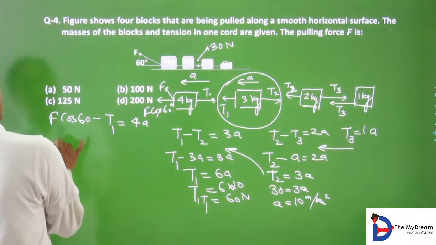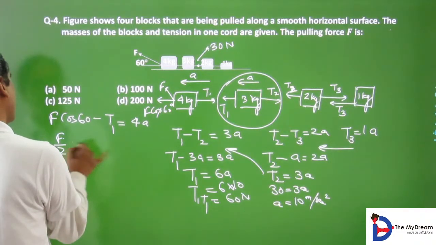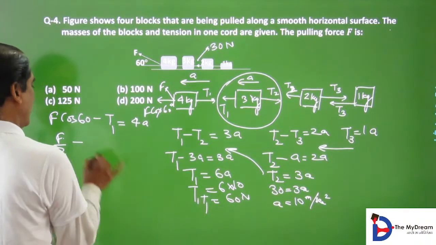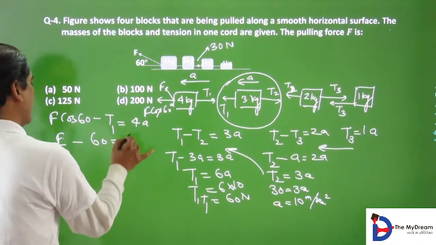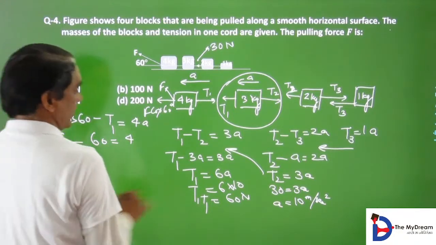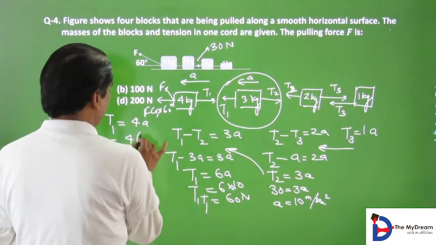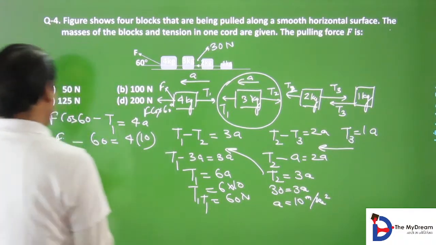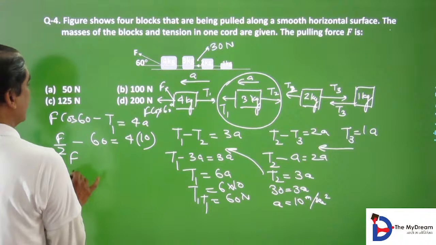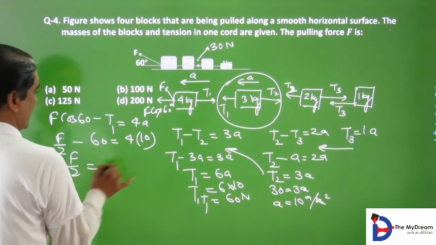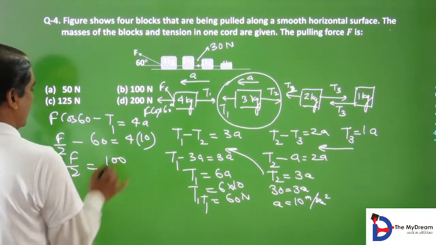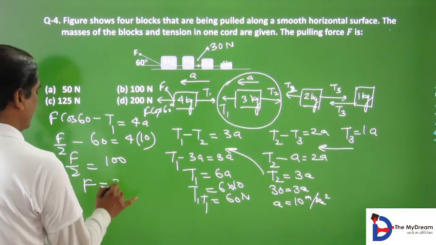Here you can write F by 2 minus T1 equals 4a. The value of T1 is 60, a is 10, so F is 200 Newton.